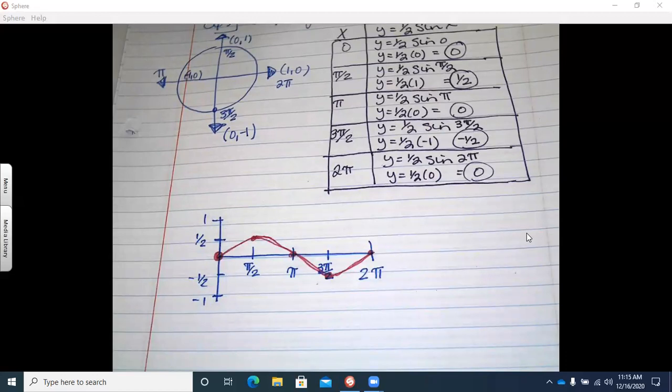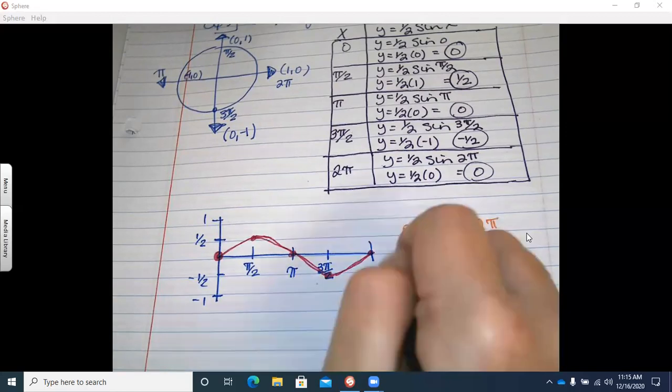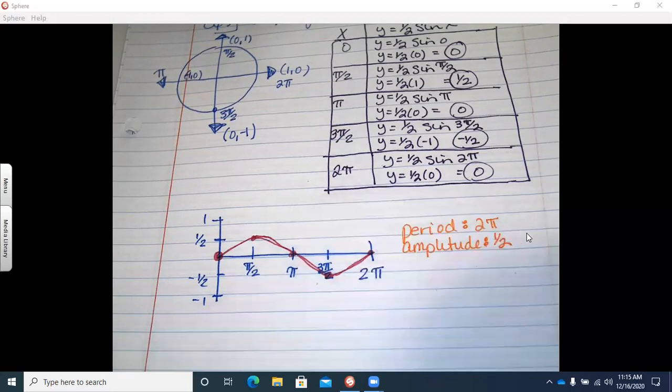So what is our period in this case? 2 pi. What is the amplitude, which we already said earlier was what? 1/2. Would this be a vertical stretch or a vertical shrink? It's a shrink because the absolute value of A is less than 1. So we're going to say it's a vertical shrink by a factor of 1/2.